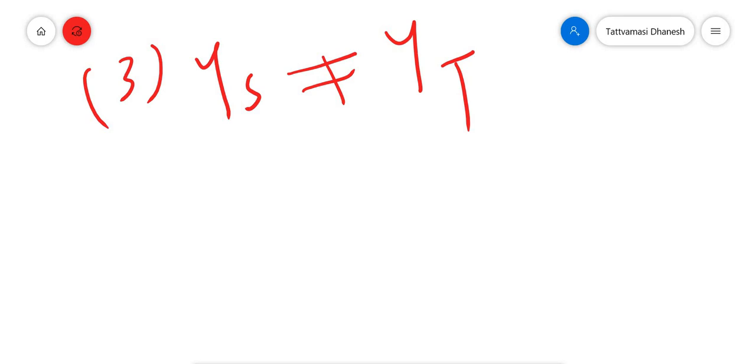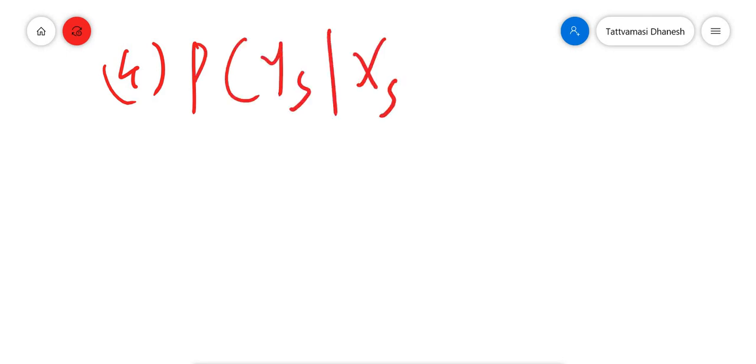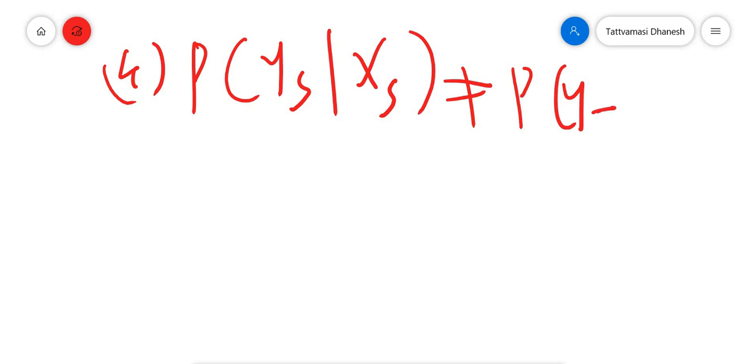Then the fourth case you will come across in transfer learning is the conditional probability of ys with respect to xs not equal to the conditional probability of yt with respect to xt.